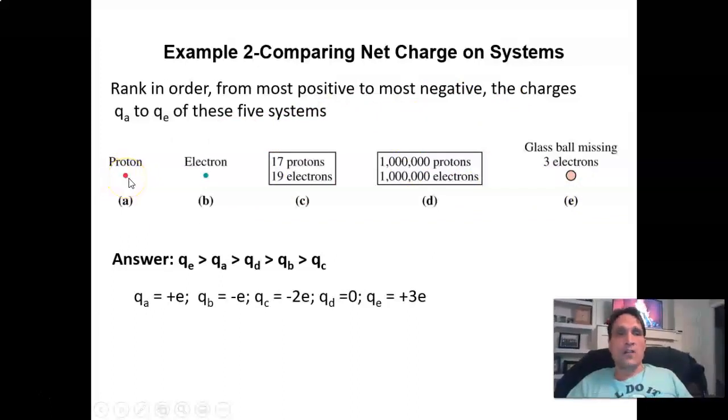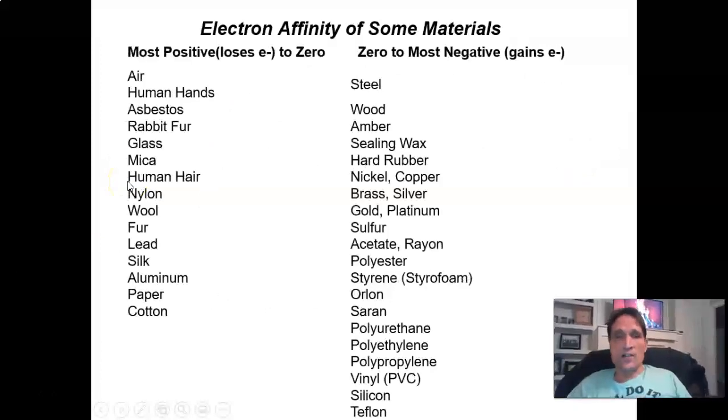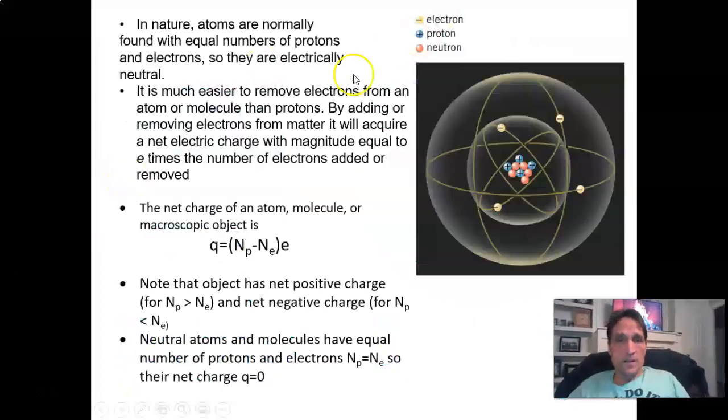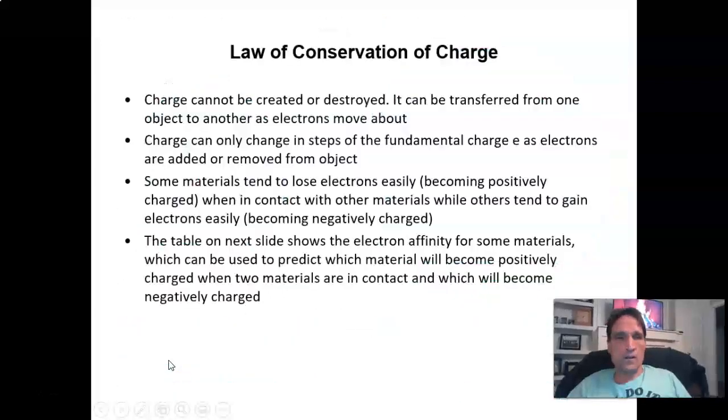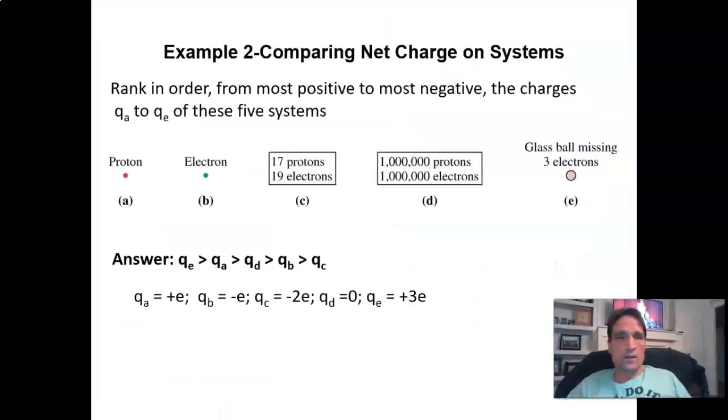Okay, so let's look at a proton. A proton has a charge of plus 1 E, right? It's 1 proton, and each proton has a magnitude of charge E, or 1.6 times 10 to the negative 19 coulombs. System B, an electron.